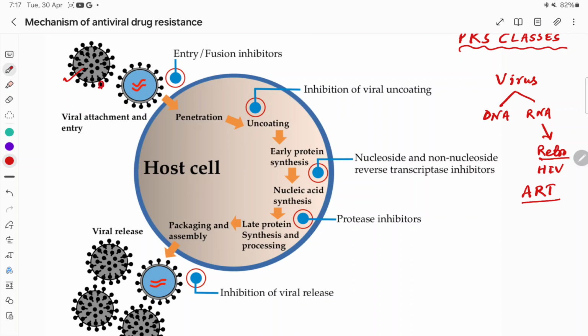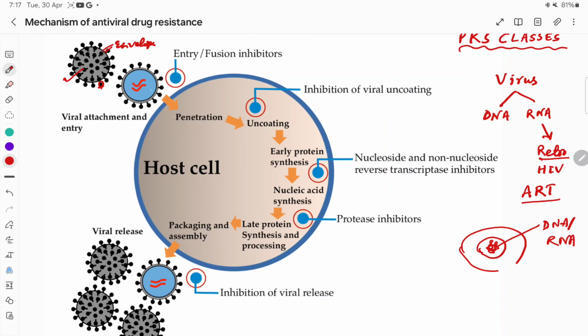This outer layer is the envelope, and inside there is a nucleocapsid, inside which the DNA or RNA is present, and accordingly we have two types of virus, DNA virus and RNA virus.